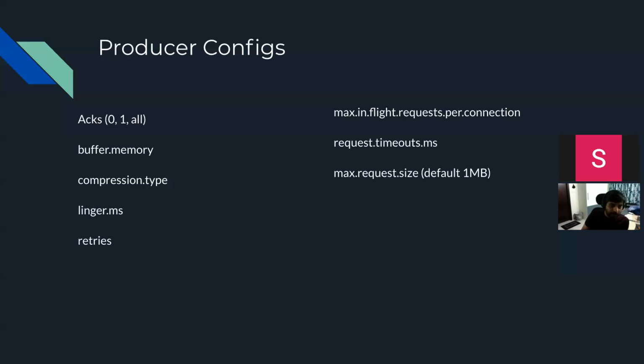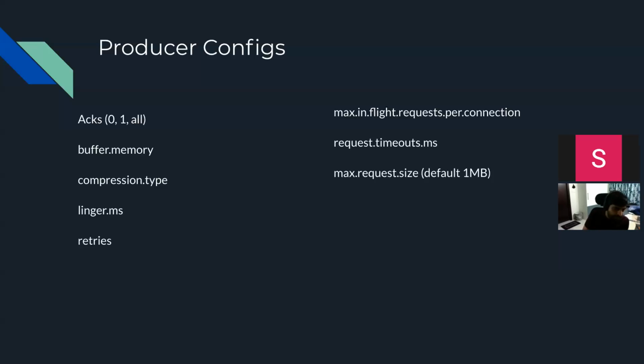So it's not that if you have given too much buffer memory, it needs to wait for the memory to be filled before pushing the message into the broker, because if linger.ms is a shorter interval, whichever is reached earlier, at that time the message will be flushed to the brokers. All right.